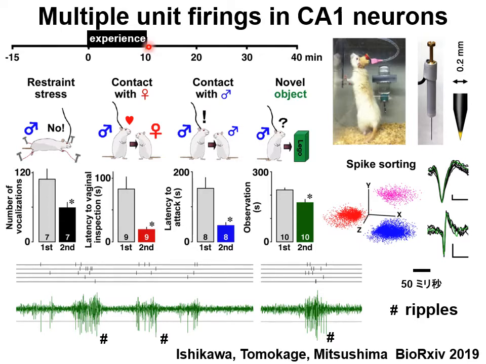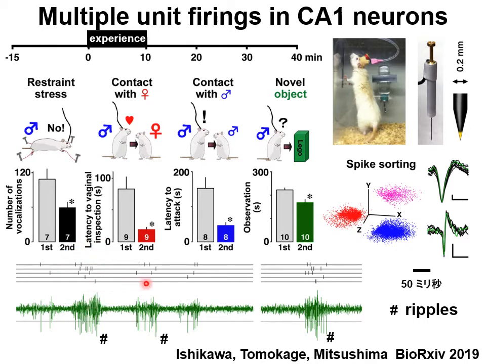Then we continued the recording for 40 minutes in his home cage. On the next day, he experienced the same episode again to check the memory behaviorally. We focused on the ripple-like firing events.